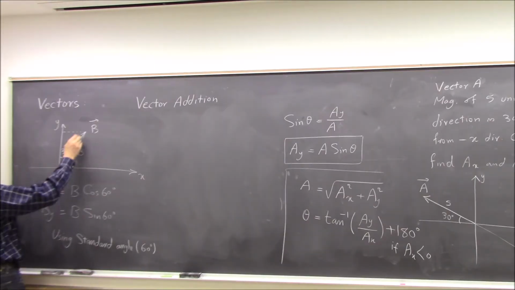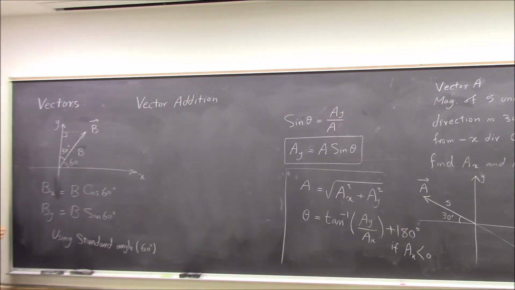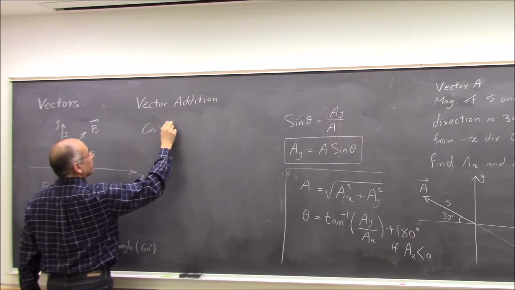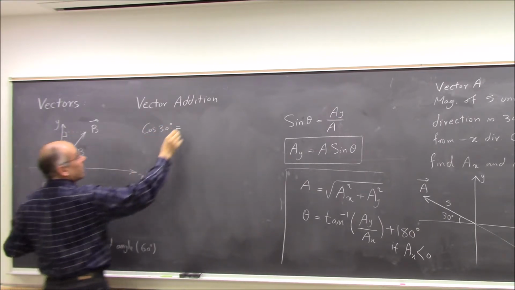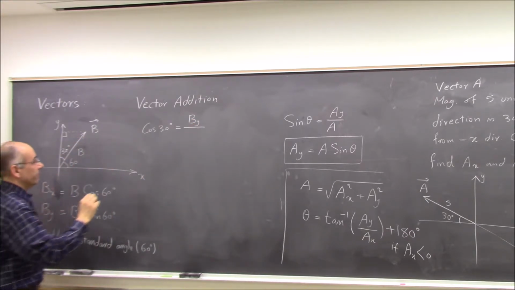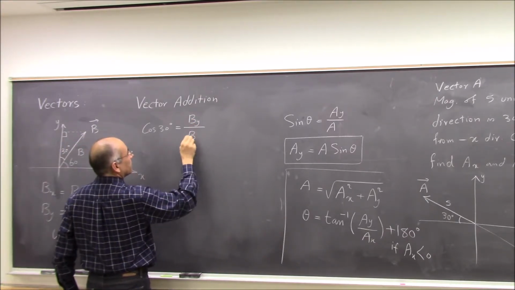We can look at this right triangle and see that the y component of B is adjacent to the 30-degree angle. Then say that cosine of 30 degrees is the y component, by, over the magnitude of B, which is the hypotenuse.